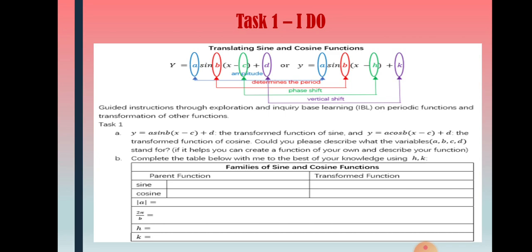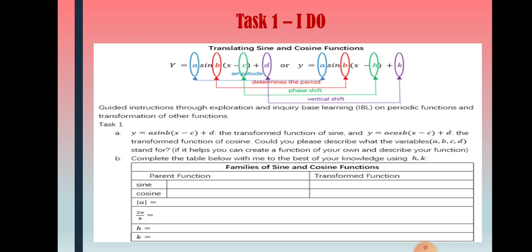If you look at part A over here, I gave you the transformed form of both the functions of sine and cosine, and I am asking you to explain what A, B, C, and D represent.